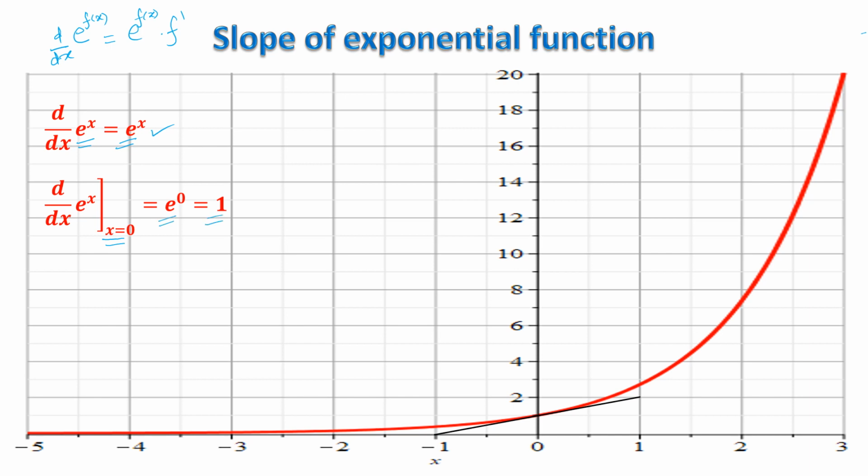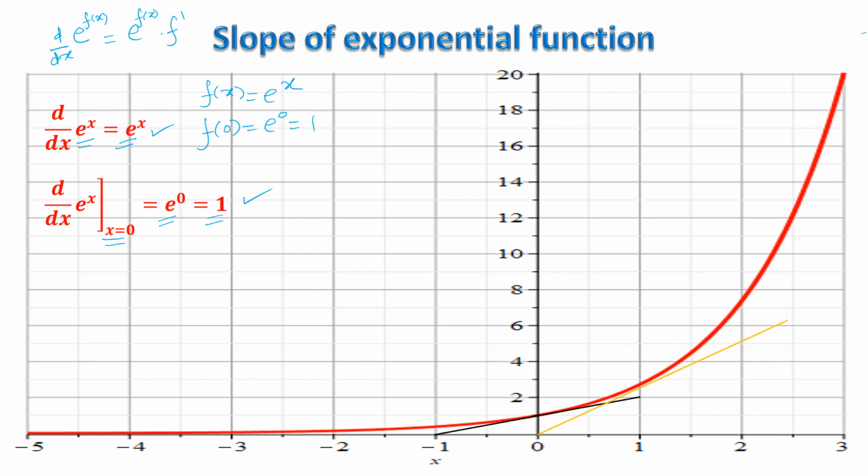The function f of x is equal to e to the power x, and I want to evaluate this function at x equal to 0. So f of 0 will be e to the power 0, that is equal to 1, and its derivative is also 1. So the function value and its rate of change are both the same. This is a very weird property of this function.